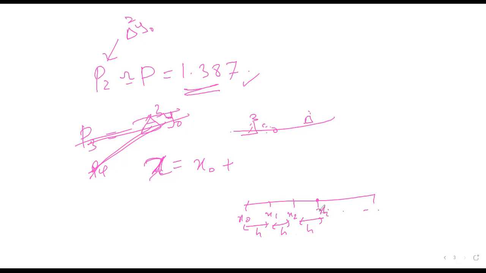To reach this Xi from here, how am I supposed to write it? Xi can be X naught plus how many times I need to take H? I times, isn't it? So 1H, 2H, 3H, 4H, up to I times. If it's Xn, I need to go from X naught to nH. So hope you remember that one.